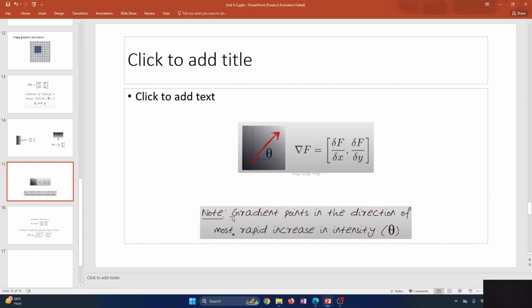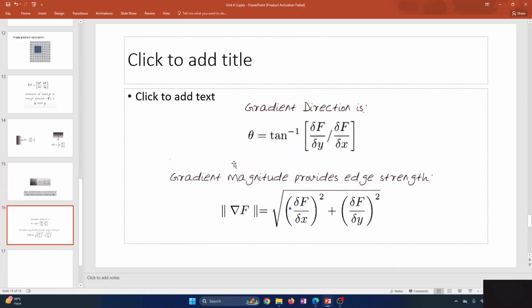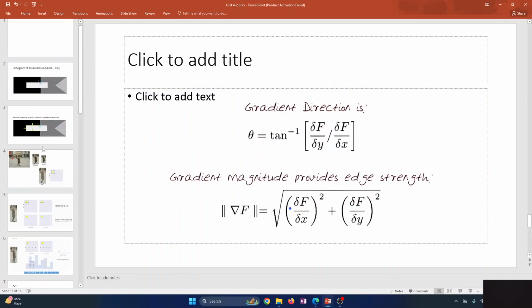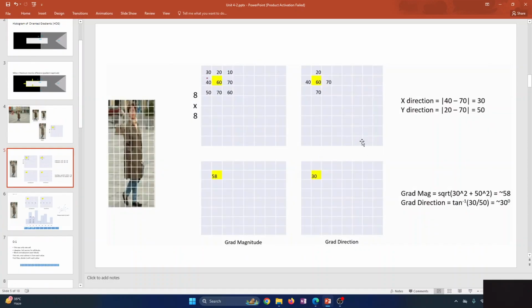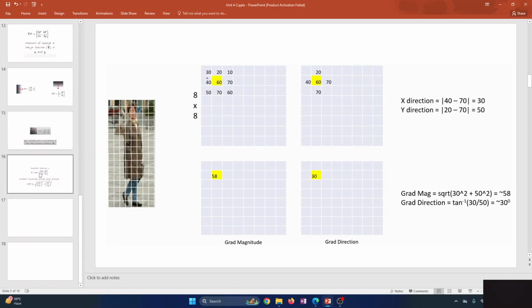Now you can also see that the gradient points in the direction of most rapid increase in intensity. We know this, and we have already discussed it in an easier form. This is the same thing.